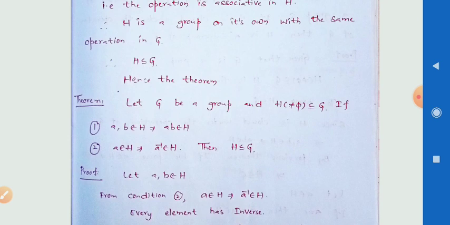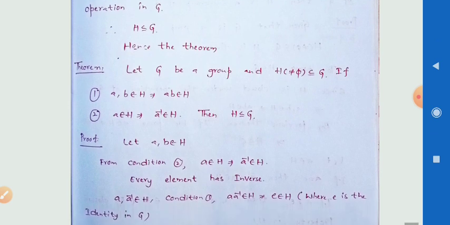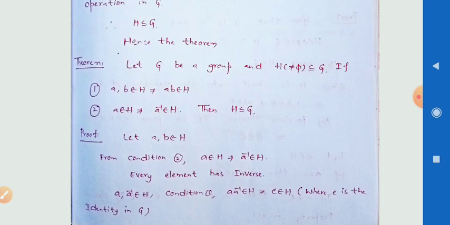Okay, now the proof. Let a, b belong to H. From condition 2 we get a belongs to H implies a inverse belongs to H. Every element has an inverse. Here a is any element in H that has an inverse. Similarly, for any element in H, we get the inverse of that element.